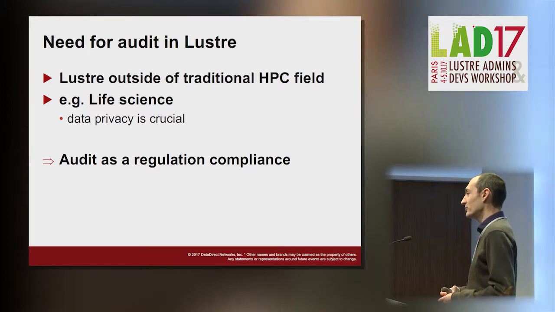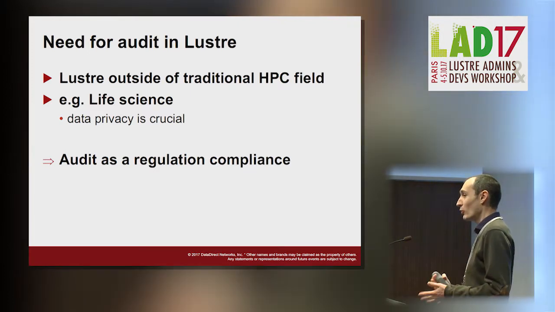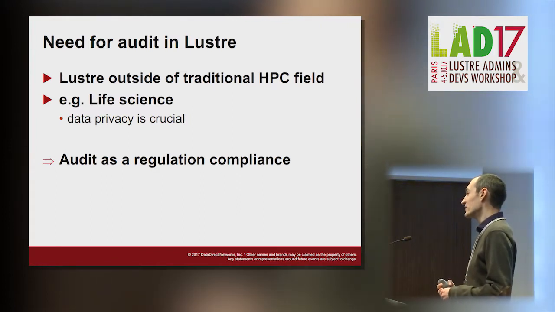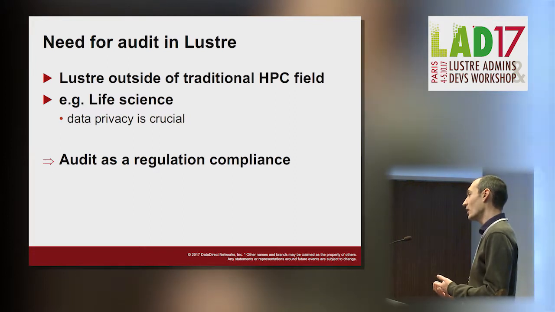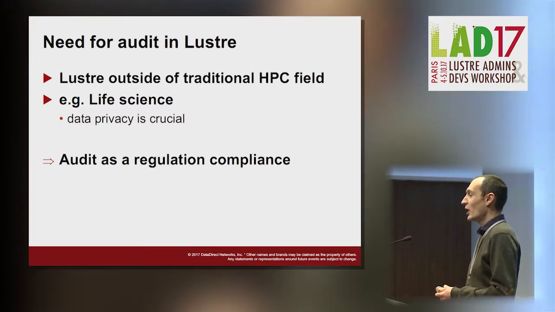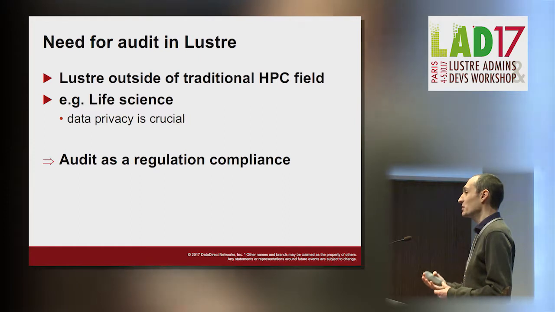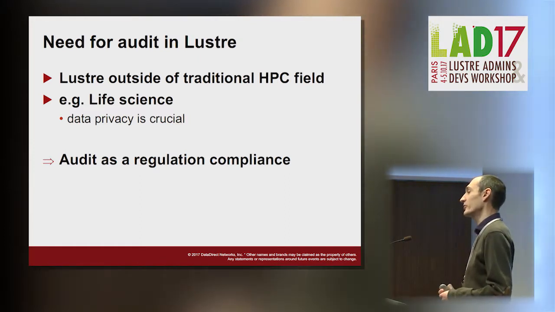Another motivation for audit comes from the fact that more and more Lustre is used outside of the traditional HPC domain. For instance, in life science, your Lustre file system could host medical records or genome sequencing data. And privacy is crucial for that kind of data. In fact, regulation imposes audit for those systems.